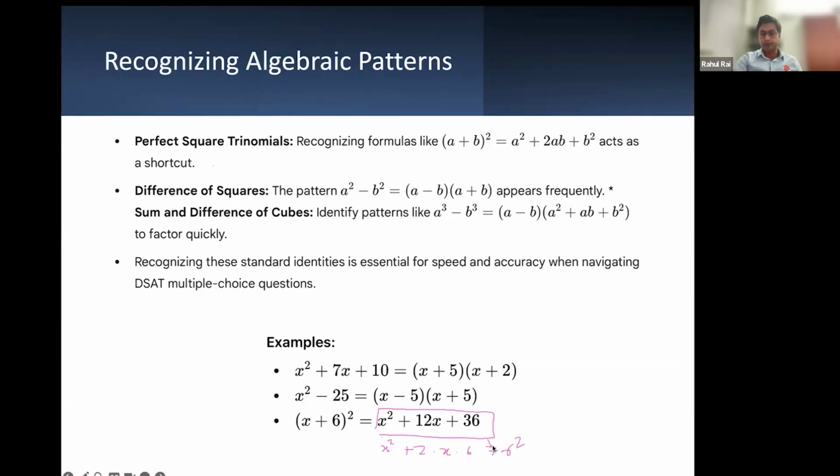From here, my a in this case is x, and my b is 6. So I can write this as (x plus 6) squared, because we have this form. Recognizing this, you can write x squared plus 2 times x times 6 plus 6 squared as (x plus 6) squared.